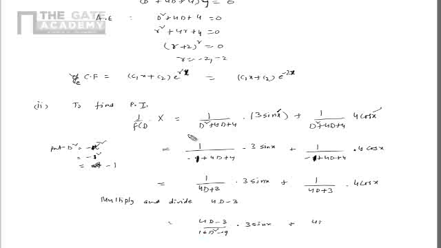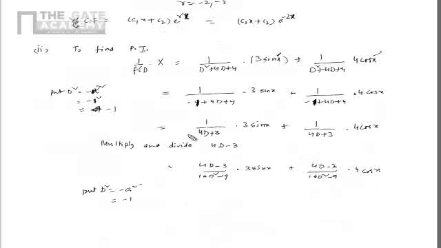Similarly here also. And now you can put d square in place of minus a square, which is minus 1 here. So if you substitute like that, you will get minus 16 minus 9 into 3 sin x, and this as minus 16 minus 9 into 4 cos x.